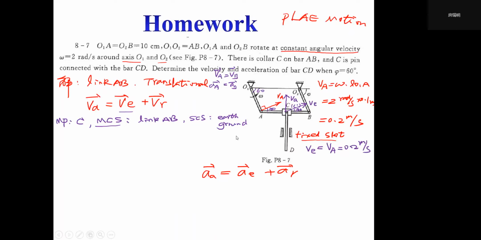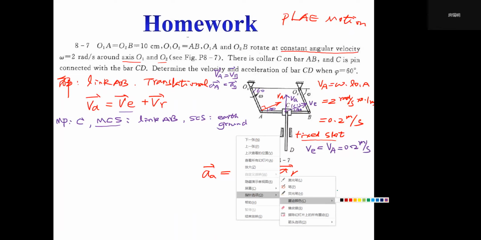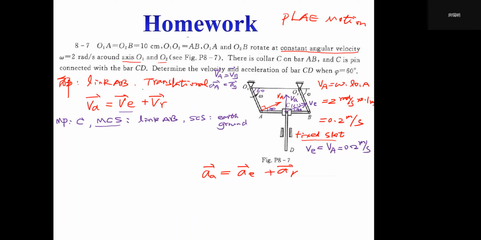So the last thing for us is to draw VR. We have VA here, we have VE here. For VR, imagine that we are sitting on the MCS, that is AB, and we look at this point C. It will have relative movement along AB, maybe along this direction, maybe along this direction. How should we choose one of the directions? It should be along this direction.